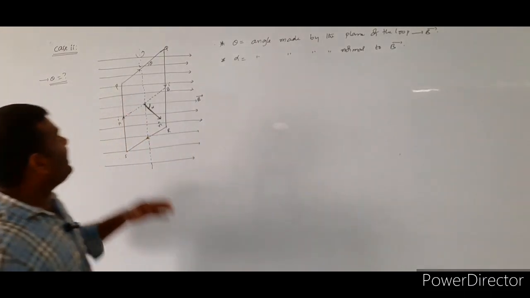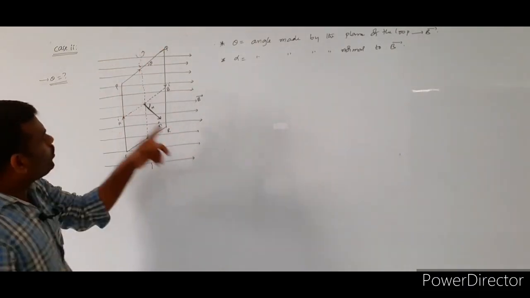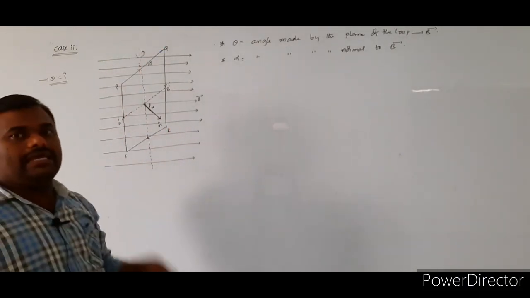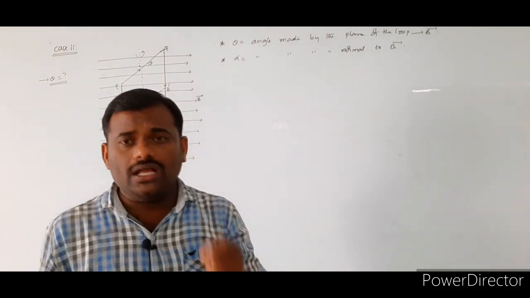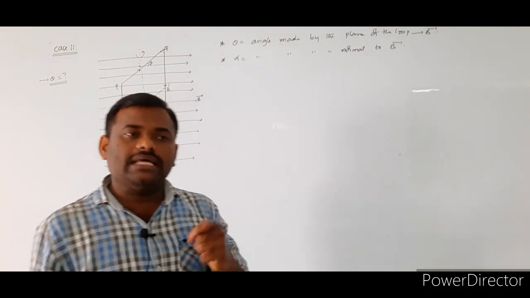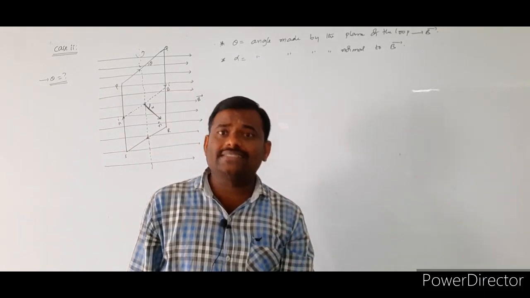But in this case, these sides PQ and RS make a certain angle with the direction of the magnetic field. That means they will be experiencing some force.